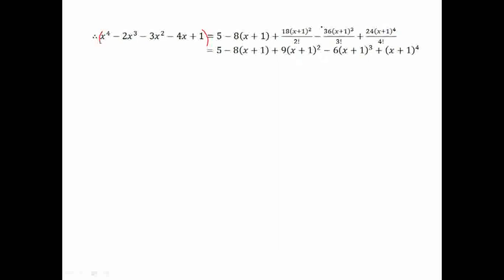Then after careful simplification, you get 5 - 8(x + 1) + 9(x + 1)^2 - 6(x + 1)^3 + (x + 1)^4. So this becomes the expansion of the function.